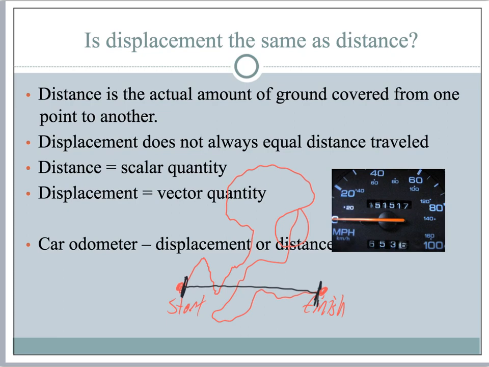So your total displacement is going to be 0, but the distance you traveled is a lot because that's the distance that you go from your house to the school, back to the house. So they're definitely not the same thing. Distance is scalar and displacement is vector.